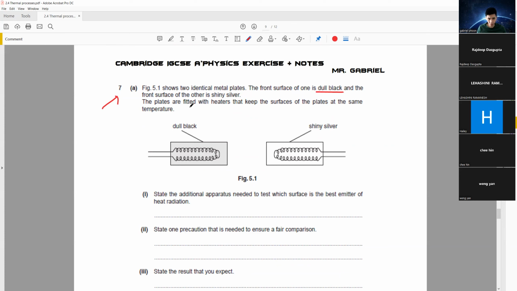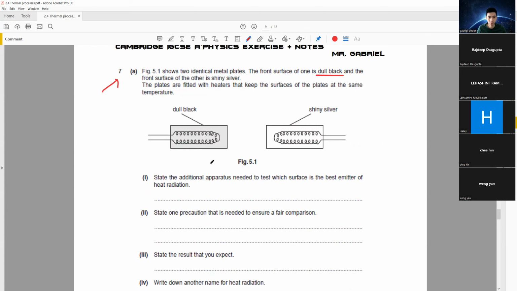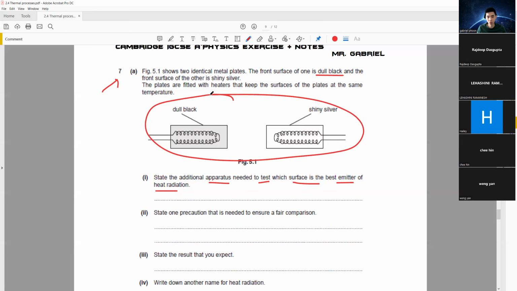The two plates are fitted with heaters that keep the surface of the plates at the same temperature, right? So basically this whole surface is the same temperature, this whole surface is the same temperature. Then after that, state the additional apparatus needed to test which surface is the better emitter of heat radiation. Guys, in this experiment here, they only give you these two things.